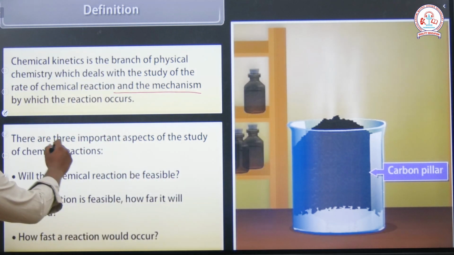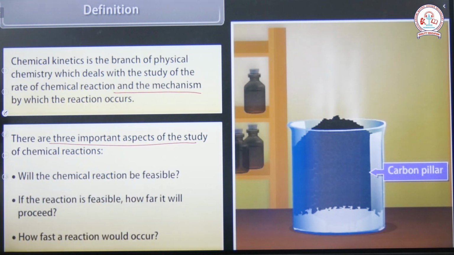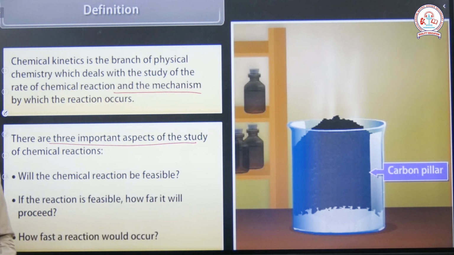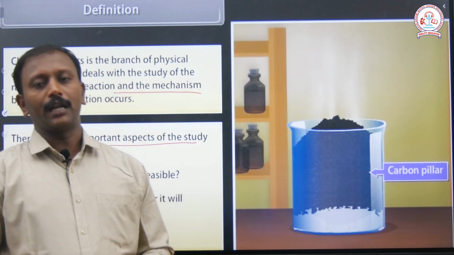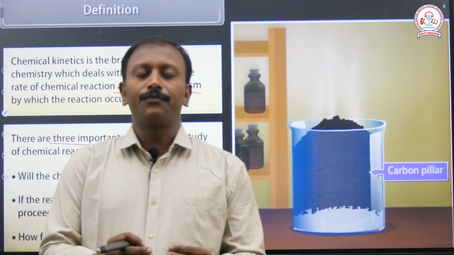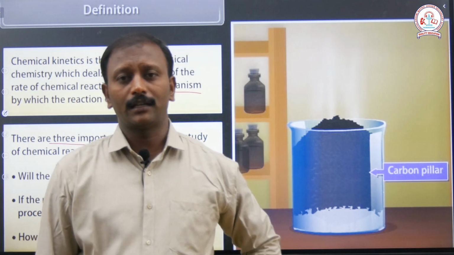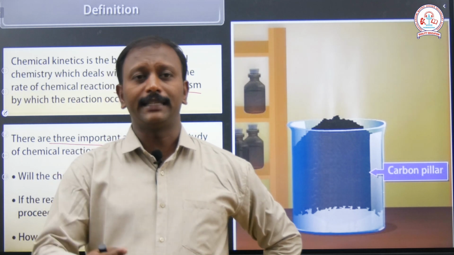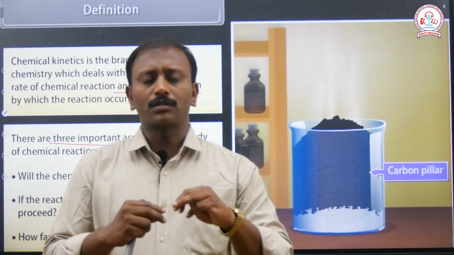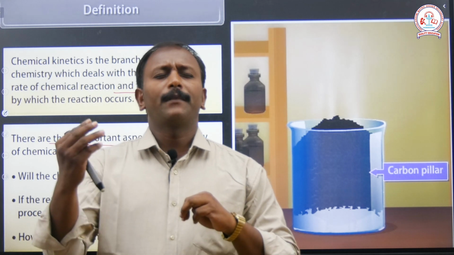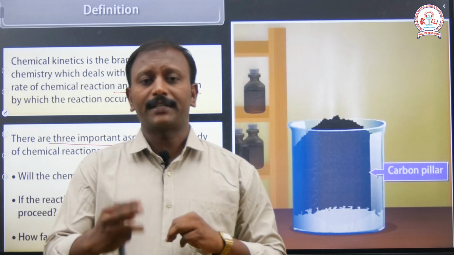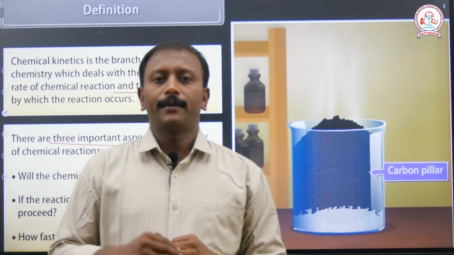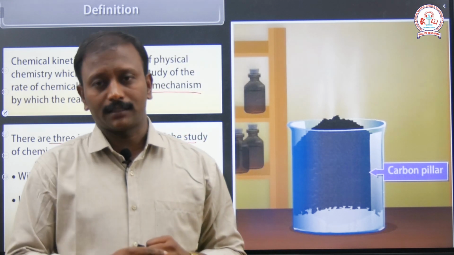Next, there are 3 important aspects of the study of chemical reactions. What are they? Consider a chemical reaction in our day-to-day life. If we wear a silver anklet or silver ring, after 2 or 3 months you will see it turning blackish in color.